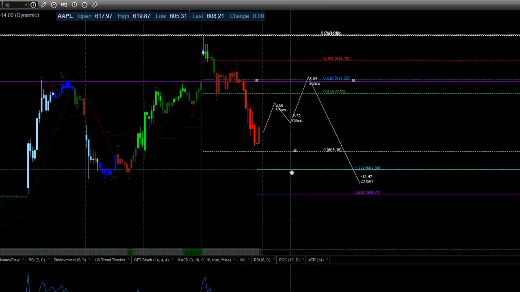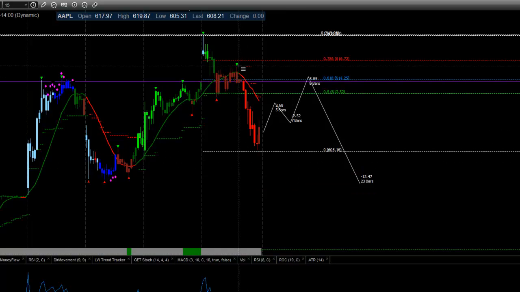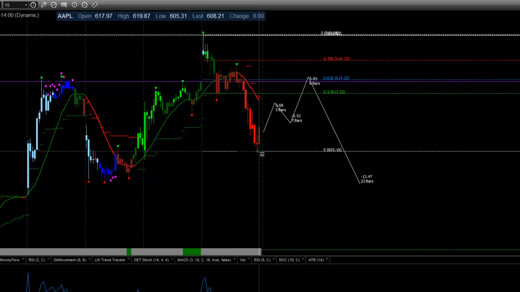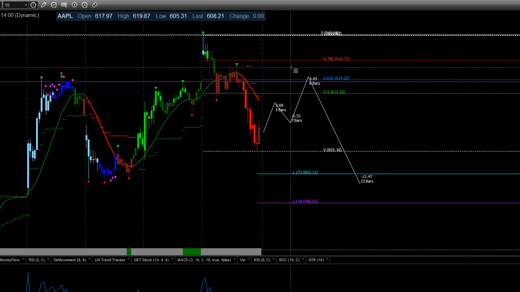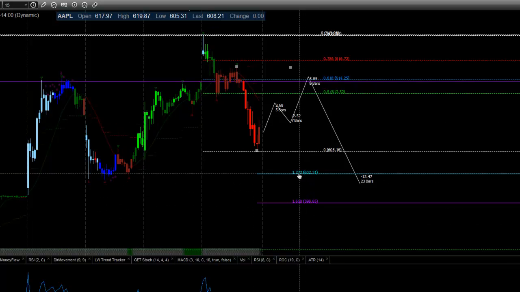Let me get rid of this so I can get the right one up here for you guys. Sorry, I'm mumbo jumbling around here. That is where I have my target. And typically it's the 1.272. So it's at $600, which again gets me back to that price congestion from earlier.